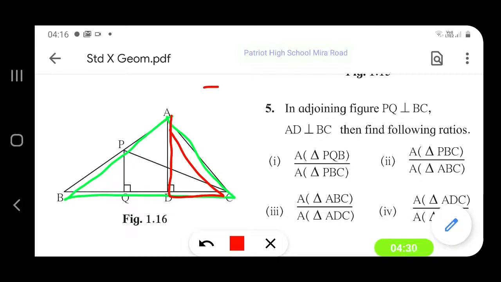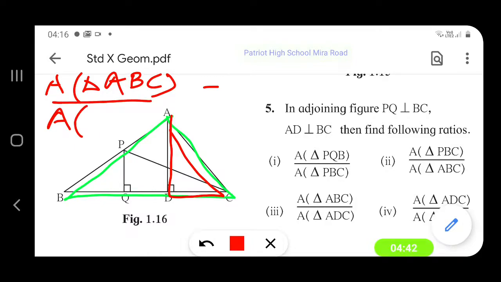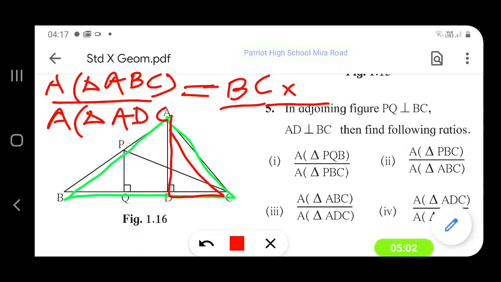The ratios, area triangle ABC upon area triangle ADC is equal to base BC into height AD.